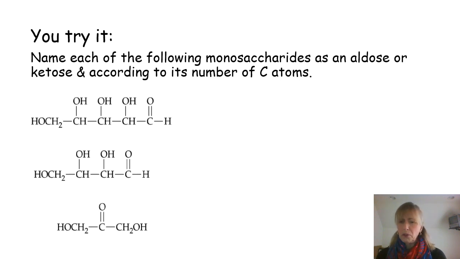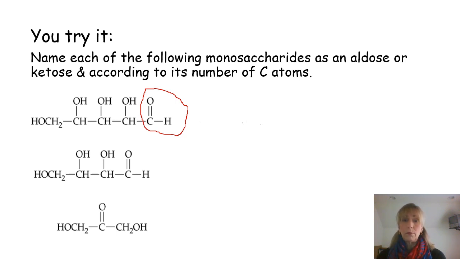All right, let's go through them one by one. Our very first one, we see what functional group? Okay, if you saw this one right here, that is an aldehyde. So this would be an aldose. 1, 2, 3, 4, 5.